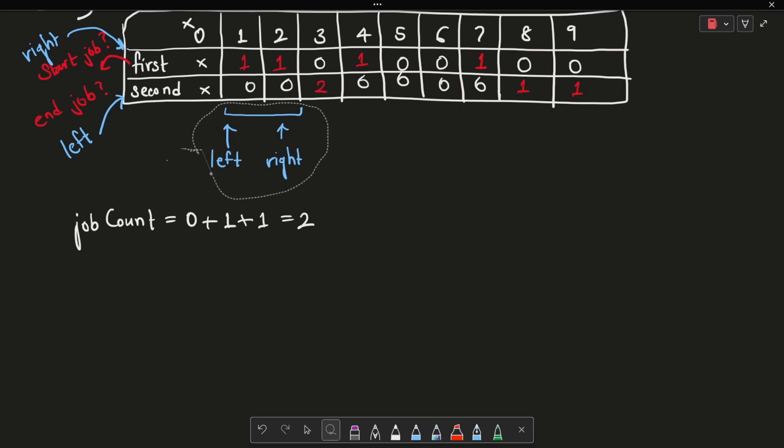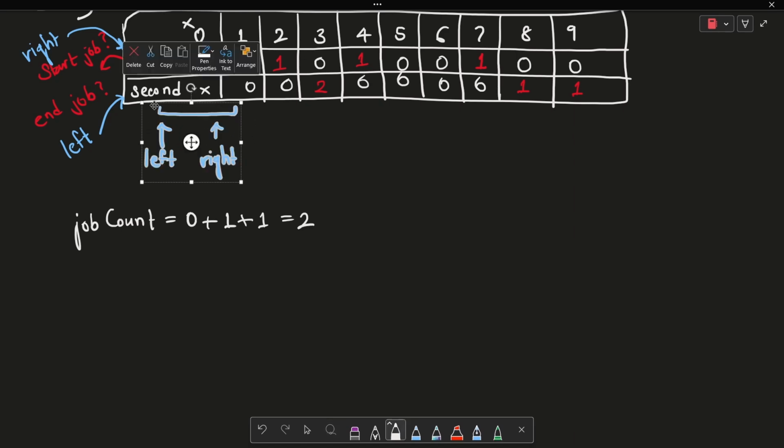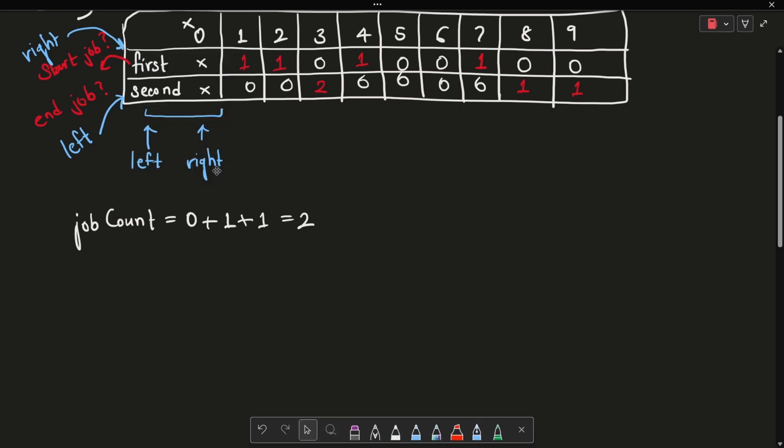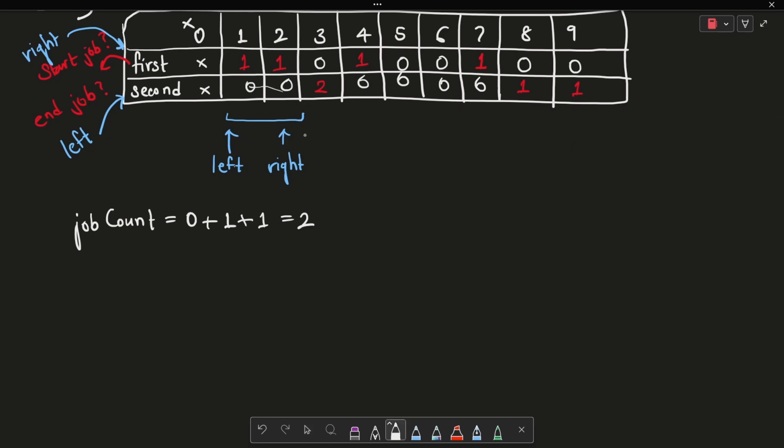The pointers were initially here. Now I'll move my right ahead.